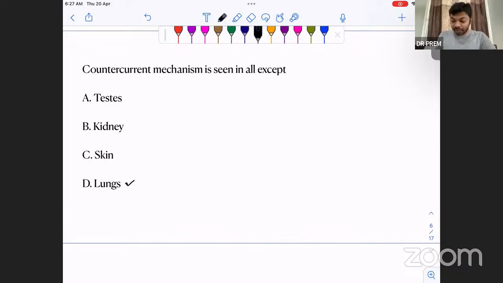Get to know what is countercurrent mechanism first so that you don't get confused. You need a parallel blood flow. That is all, doctors. We need a parallel blood flow. So the arterial blood flow and venous blood flow are going to be very close.